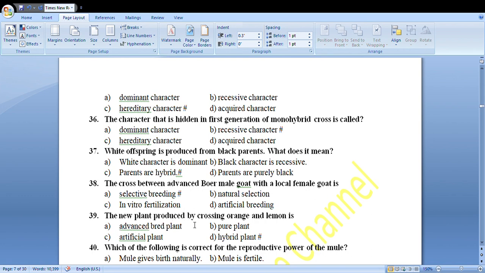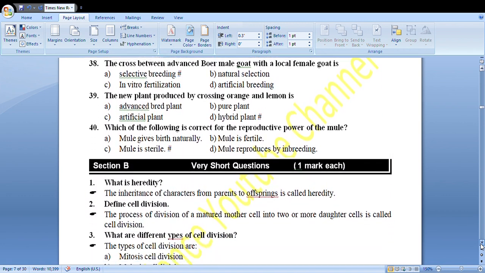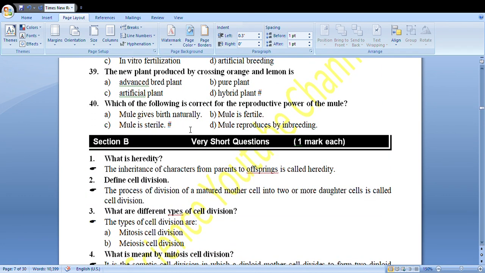The new plant produced by crossing orange and lemon is a hybrid plant. Which of the following is correct for the reproductive power of a mule? A mule is sterile, which means it is not fertile and cannot reproduce.